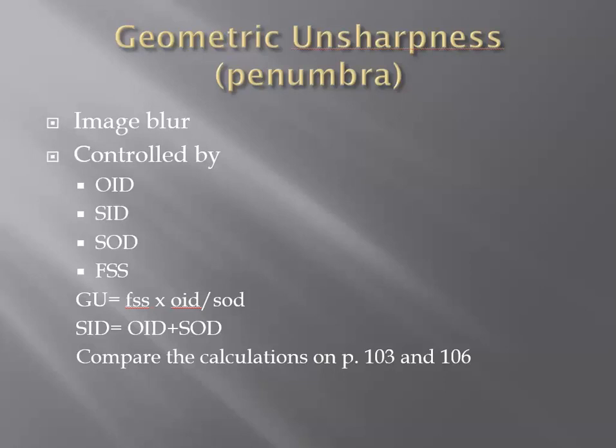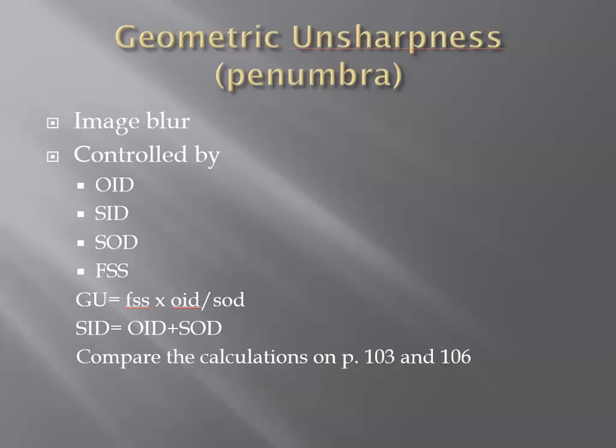an increase in SID from 40 inches to 48 inches. And in that change from 40 to 48 inches, what we have now is a source to object distance of 40 inches. So in that change, what we're going to see is an improvement because we've got an increase in SID with the same OID.